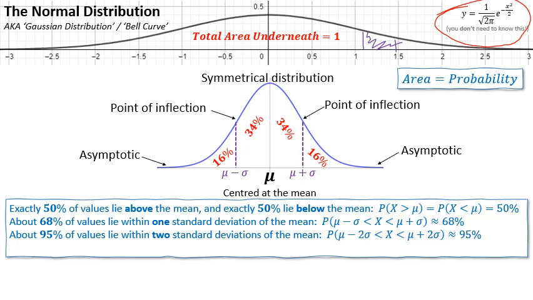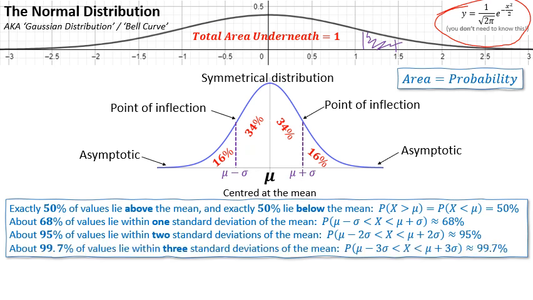Whatever it was you were measuring that was modeled by a normal distribution, you'd find that 5% of the values fall outside this range. But if you spread your net even further to within 3 standard deviations of the mean, then you're going to pick up all but 0.3% of the population. So yes, there will still be that handful who are at the extreme end, one way or the other.